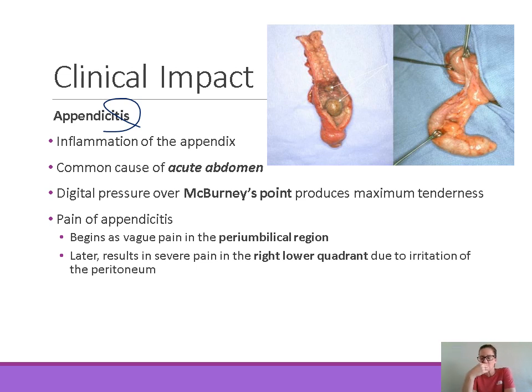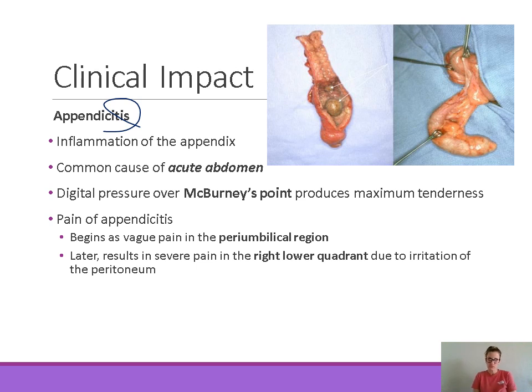Functioning wise, this is a little mass of lymphoid tissue. We used to always say that there was no reason for this, we don't need it. There is more recent research saying there is a beneficial function to the appendix, that this mass of lymphoid tissue does include important microbiome. However, you can live just fine without it.